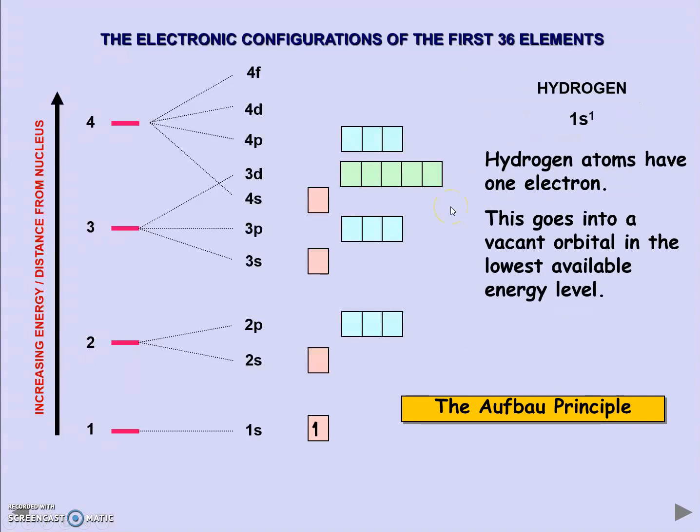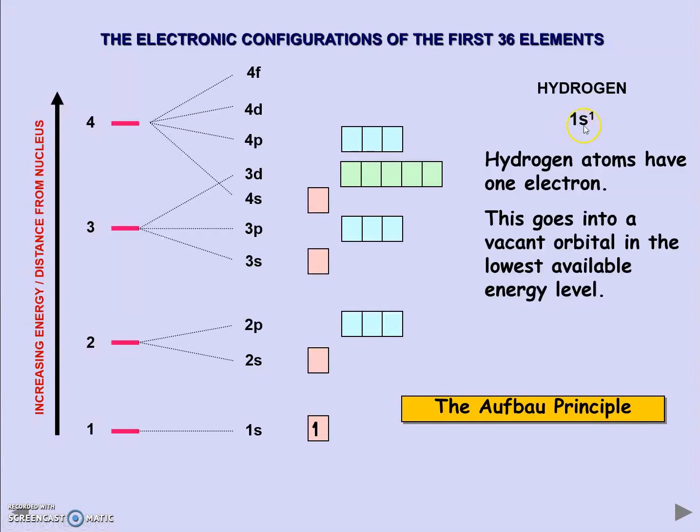Okay, so the first element, hydrogen. So we put our first electron in the lowest energy level. Okay, so we put it in the 1s subshell or in an orbital in the 1s. Okay, so therefore hydrogen has the electron configuration of 1s1.